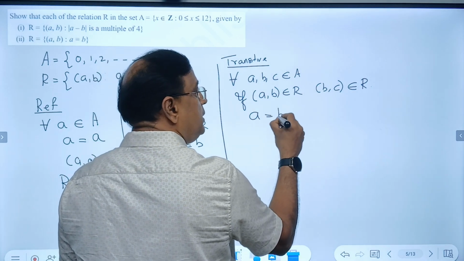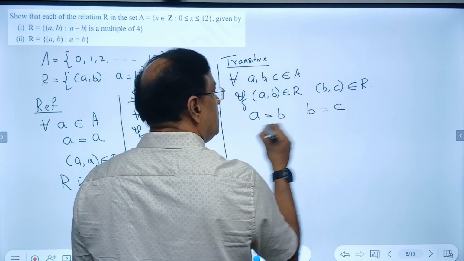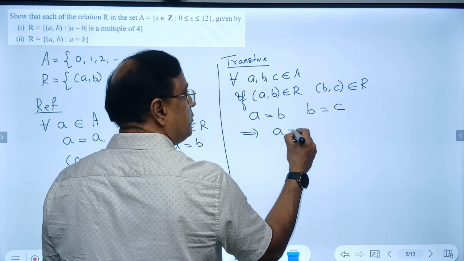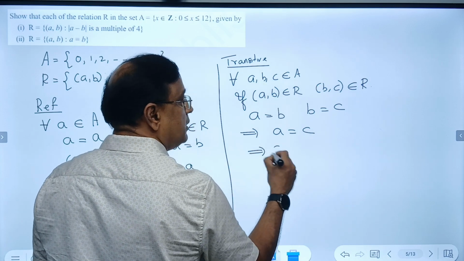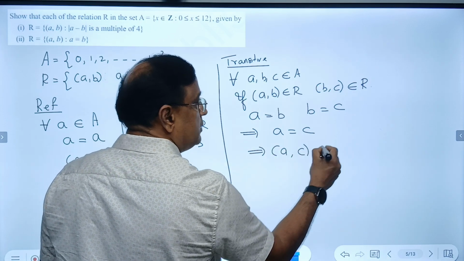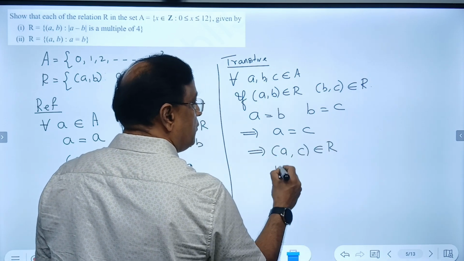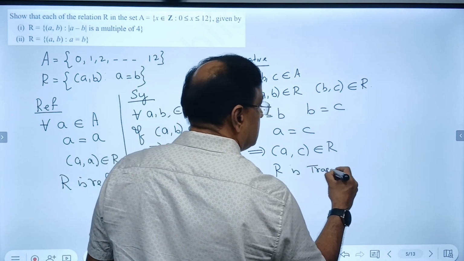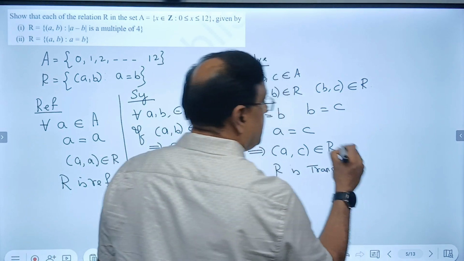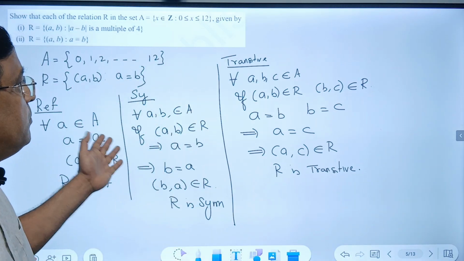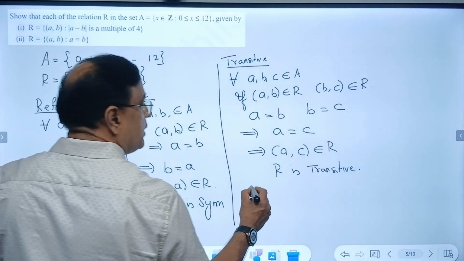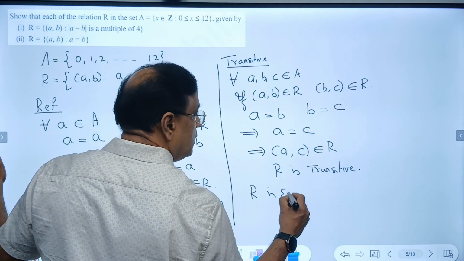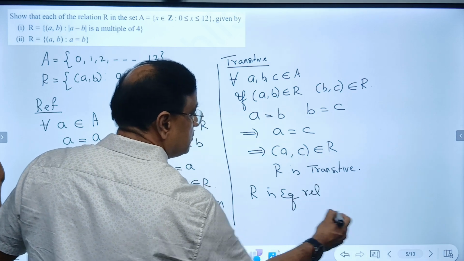A equal to B, B equal to C implies A equal to C. This implies A is related to C. Therefore R is transitive. Is that clear? It's very, very simple. Since it is reflexive, symmetric and transitive, R is an equivalence relation.